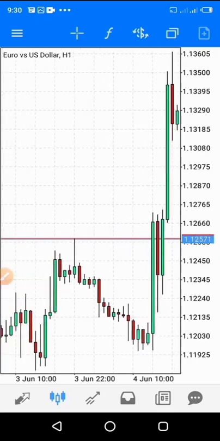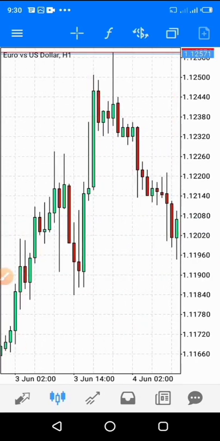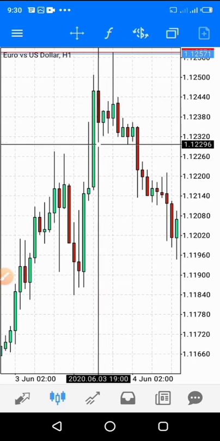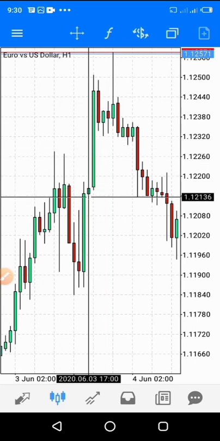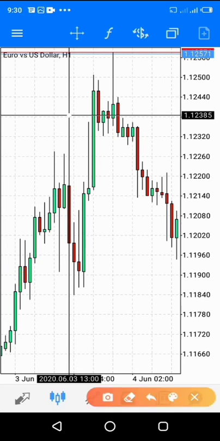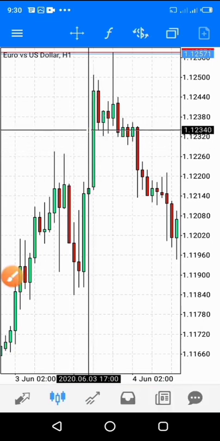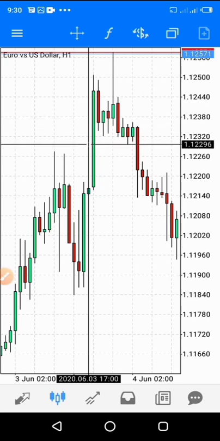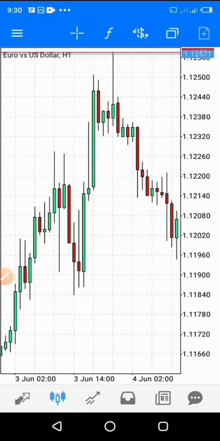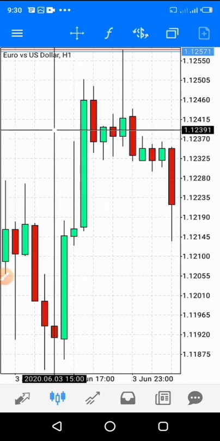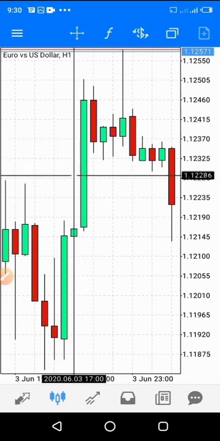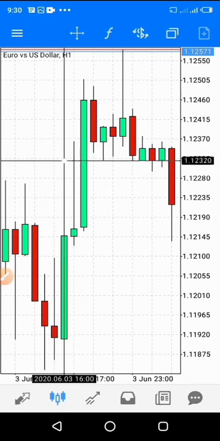If you look at this very candle critically, it has a long tail, and in this kind of situation we call it a long upper tail.